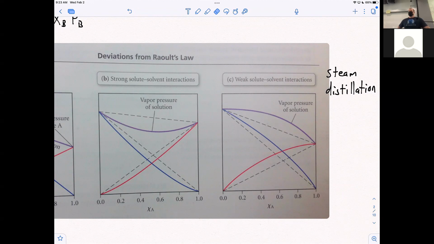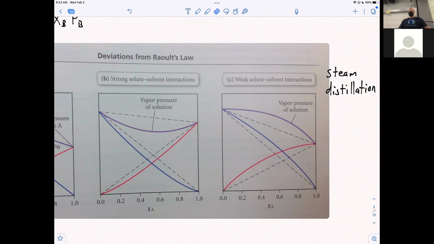So things like rose flavoring, or just a lot of things, when you get fragrances for things, they take whatever it is they want. In the case of roses, they put rose petals in water. But say you wanted orange blossom or something like that, you throw orange blossoms in water, and then you start to boil that, and the fragrances, the flavor of whatever you have in there, comes out at slightly less than the boiling point of water.